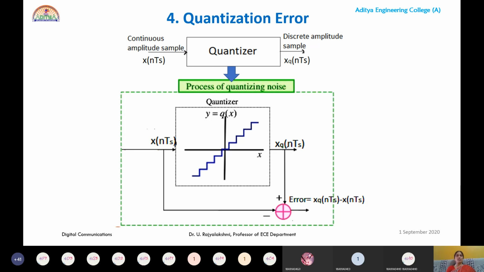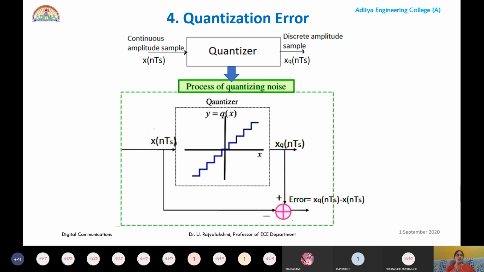So what is quantization error? The error produced by the quantizer is generally called quantization error. You can calculate it by taking the difference between xq of nTs and the input of the quantizer, that is x of nTs.